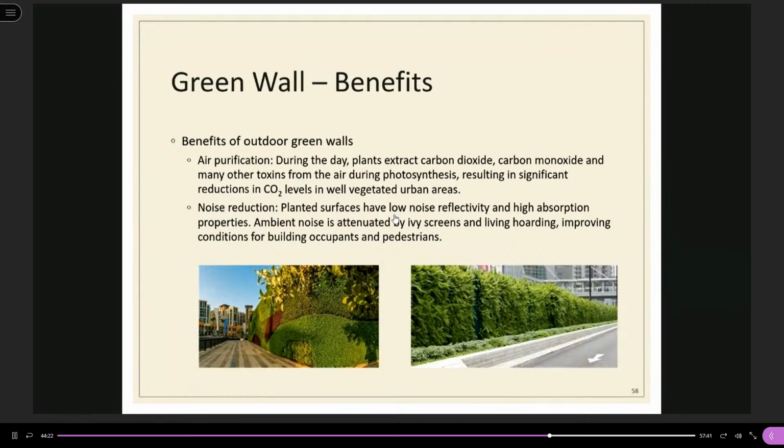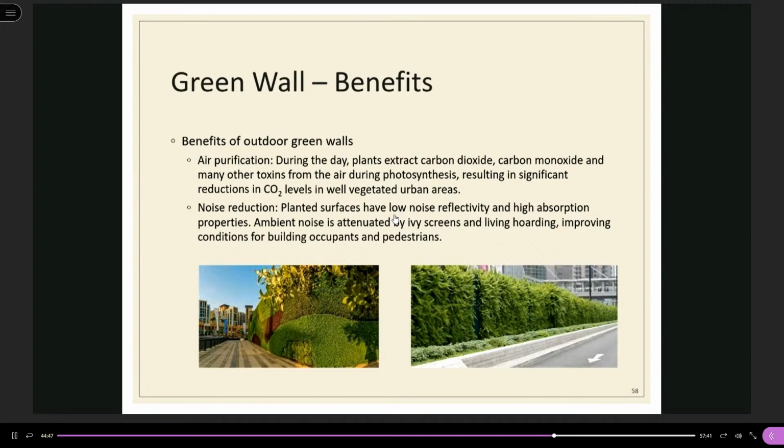Benefits of having outdoor green walls. So air purification. During the day, plants extract carbon dioxide, carbon monoxide and many other toxins from the air during the photosynthesis, and it results in significant reduction in the carbon dioxide levels. And the green walls will also reduce noise.